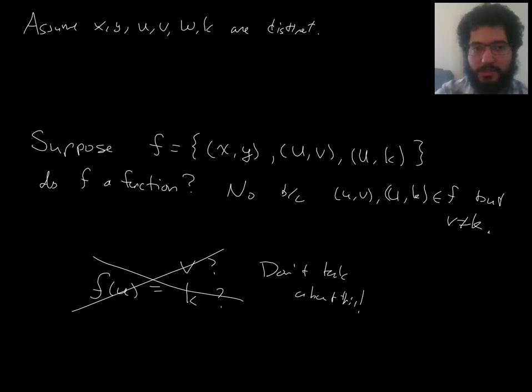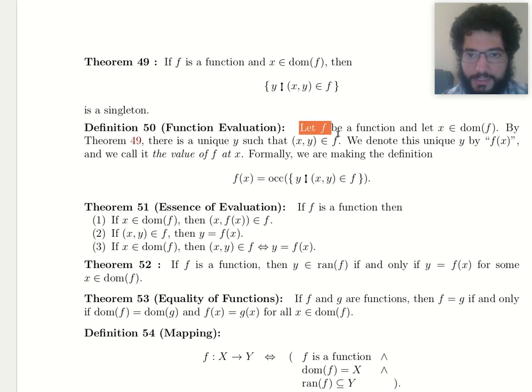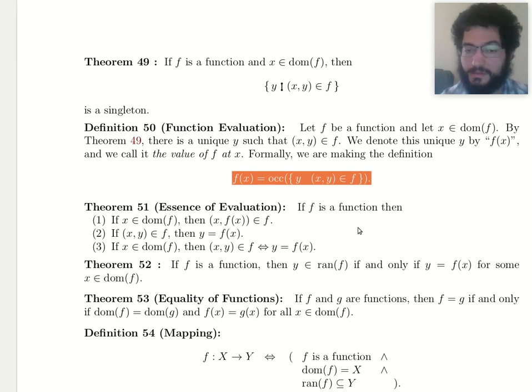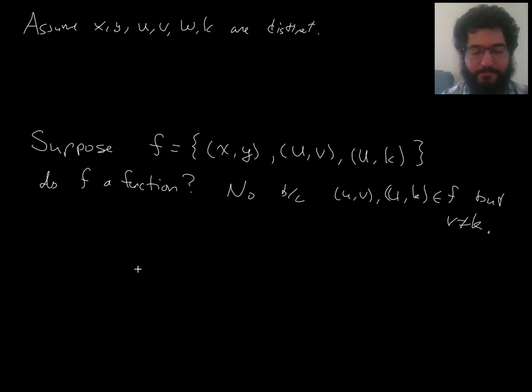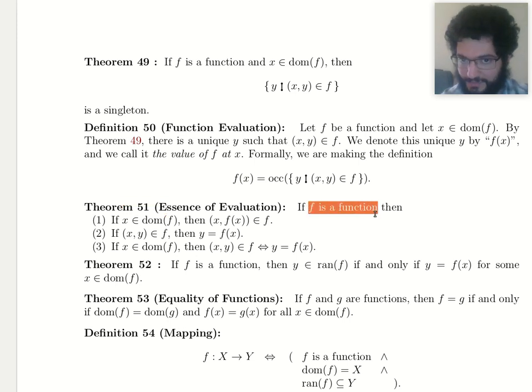But what if you wanted to talk about it anyway? What if you were like, no, I'm just going to ignore this warning here and go ahead and try to use the definition of function evaluation. Let's just go and apply this machine and see where it takes us. Okay, well, then when you go to look at what is f of u, notice that we definitely cannot apply theorem 51, since that relied on the assumption that f is a function.